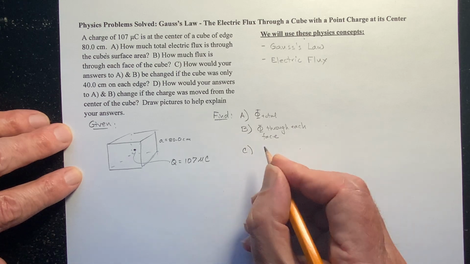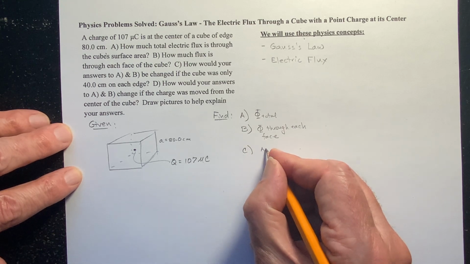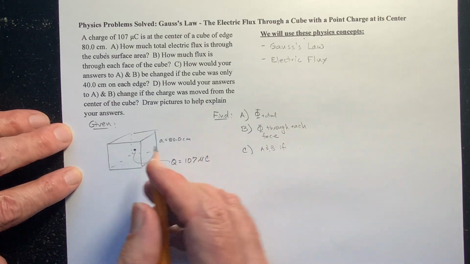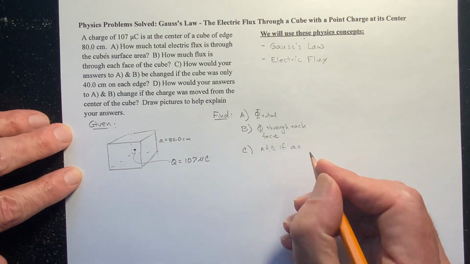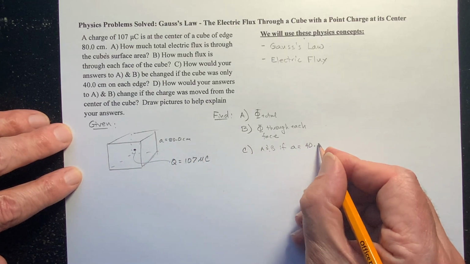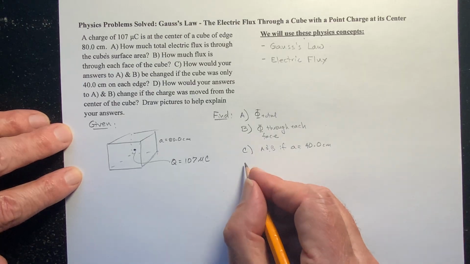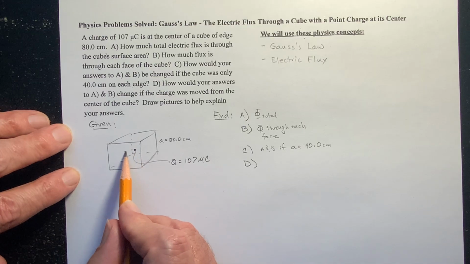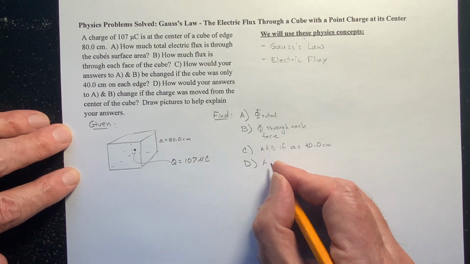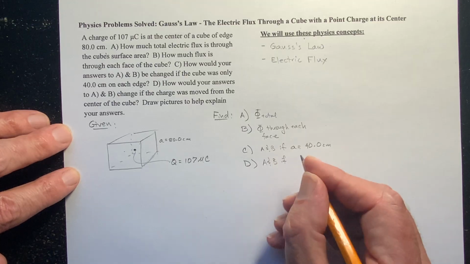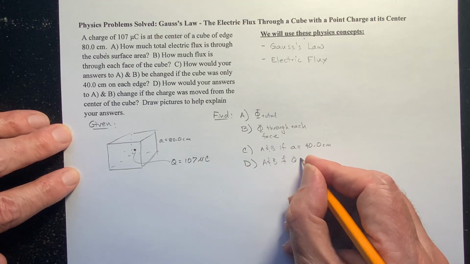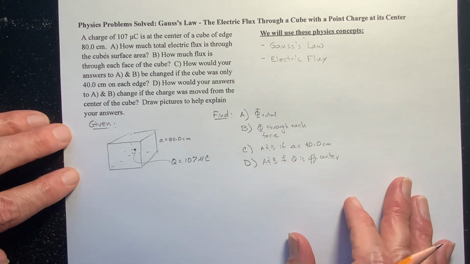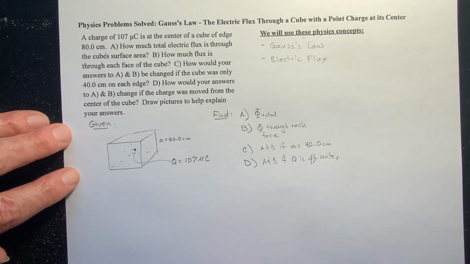And then part C, it's A and B above if the edge, little a, is reduced to 40 centimeters. And then part D, I want A and B if Q is off center. We move it somewhere else other than the very center of the cube.